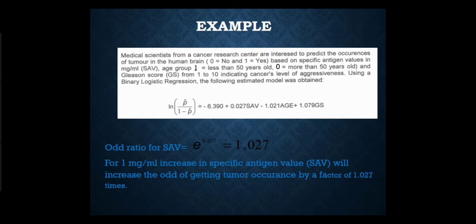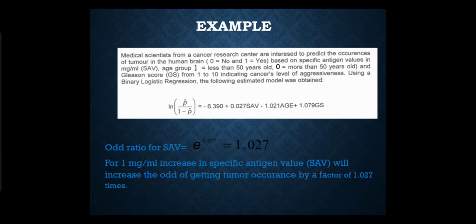And if you look at the independent variables, the independent variables are a mix of qualitative and also quantitative variables. We have SAV and GS as continuous scale, and age group as a qualitative nominal variable, 0 and 1.